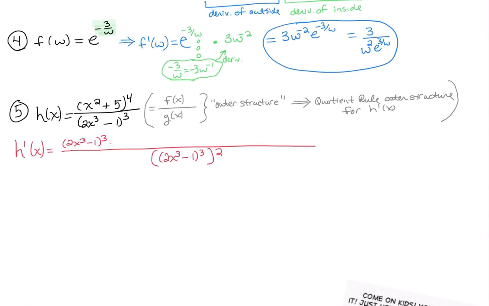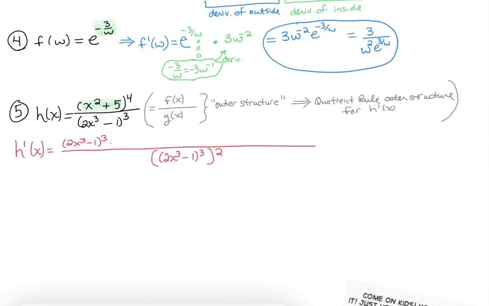And then times. Now, I'm looking at the numerator, x squared plus 5 to the 4th. This is a chain rule situation. We have an inside function, x squared plus 5, being raised to that outer power. So the 4th power is the outermost function there.